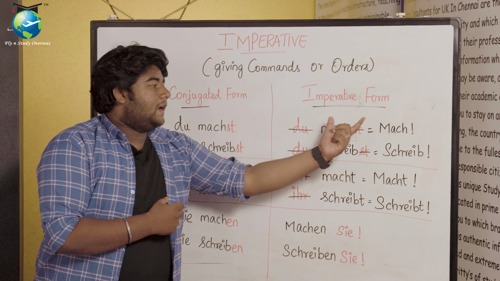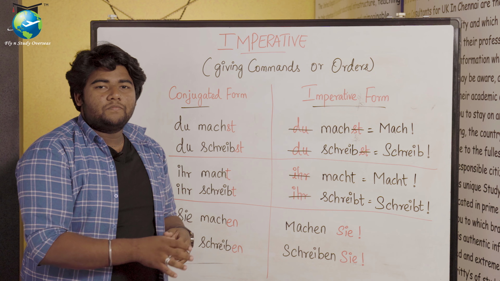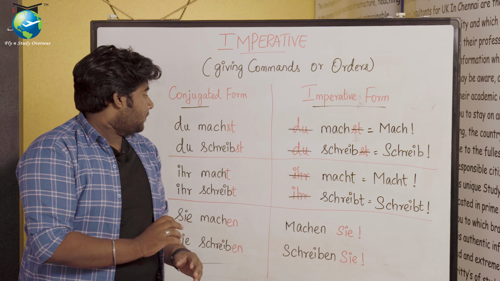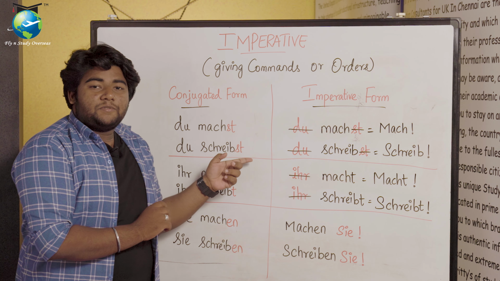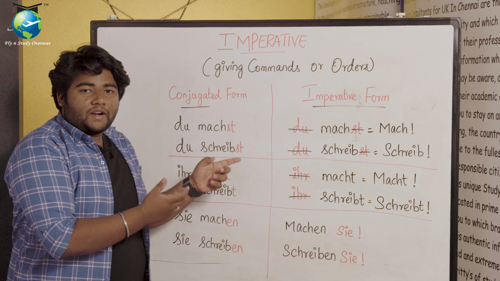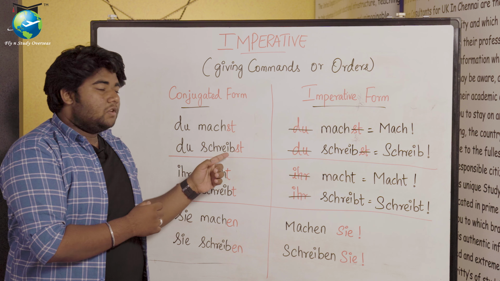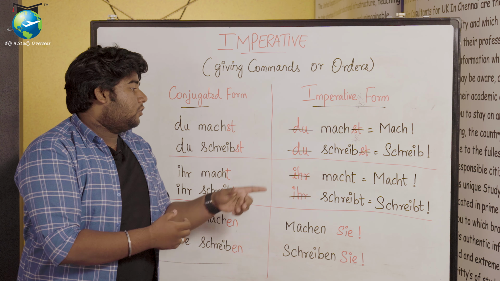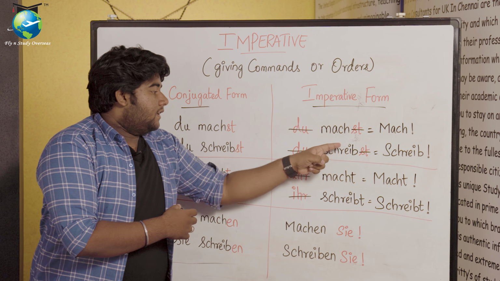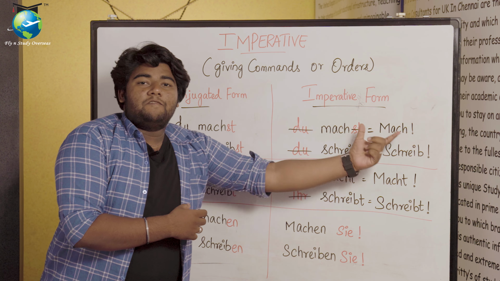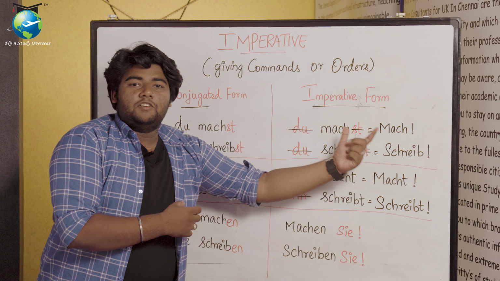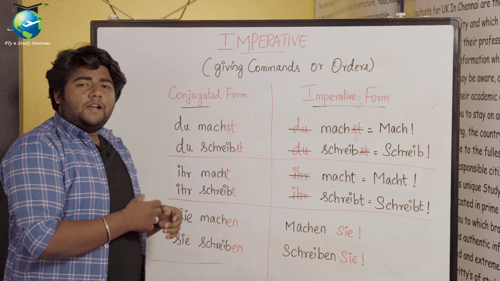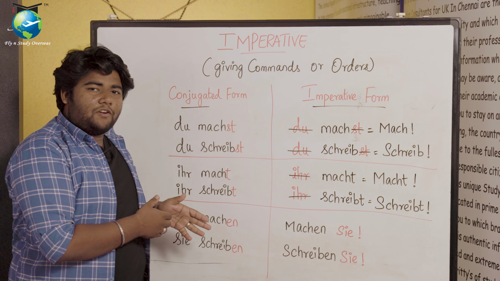If you write only mach, it means do, in a command form. See here, du schreibst, which is you write. When it goes to imperative form, as I told you before, you have to remove the subject and the ending, so only the verb stem will come there. See, schreib, which means write. And now let us see some examples for the ihr form.